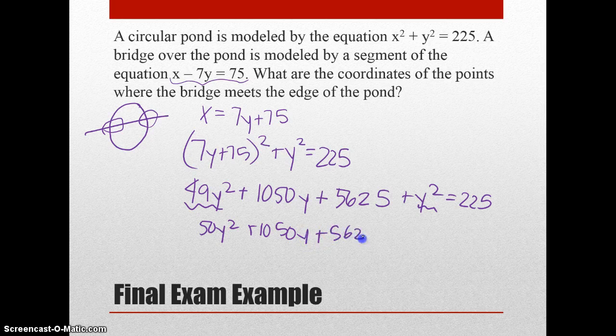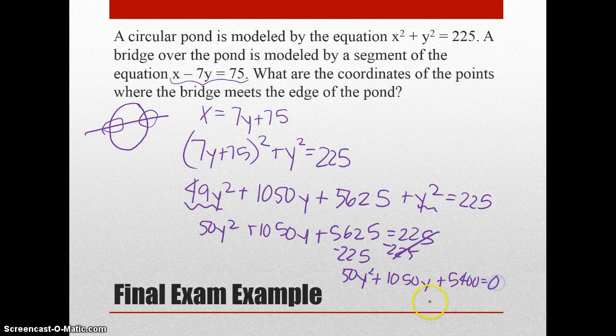And then we can see that this is a quadratic equation. So again, we're going to set everything on the same side, equal to 0. We end up with 50y squared plus 1050y plus 5400 equals 0. These seem like big numbers, but you can tell that 50 will go into all of them. So we can pull out a 50 as our GCF.